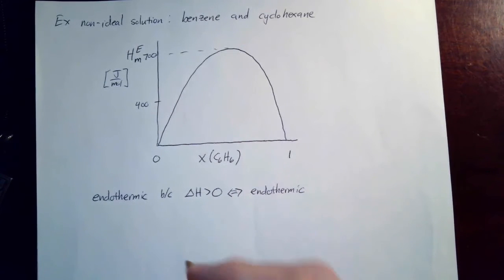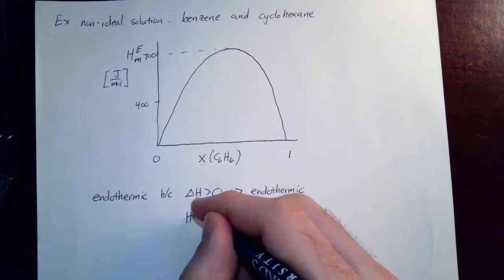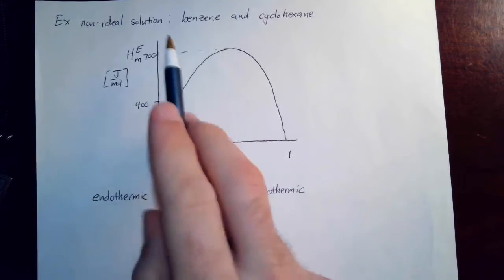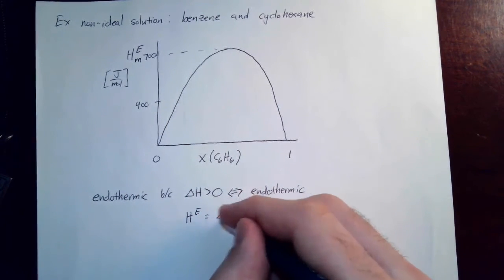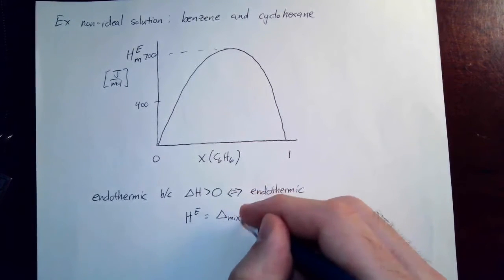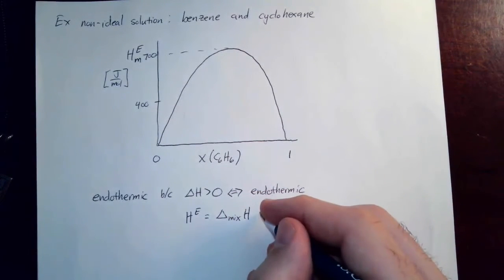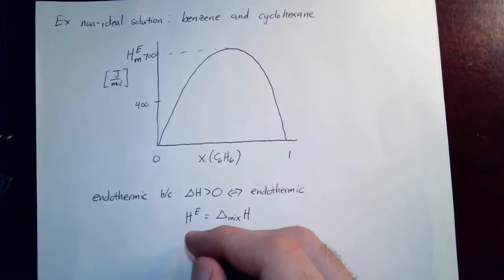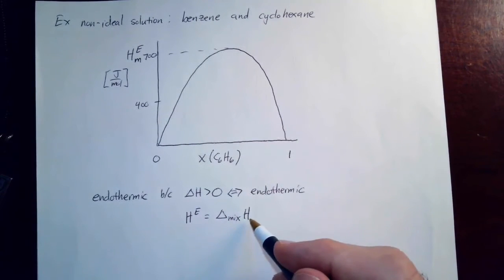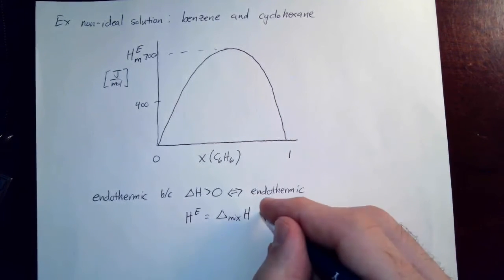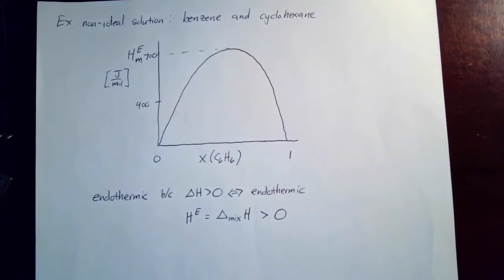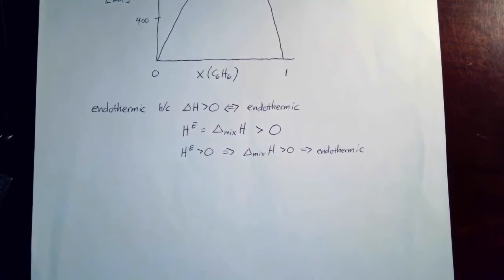And H^E, which is what we plotted on the vertical axis, is equal to delta H. So if H^E is greater than 0, then delta H is greater than 0, and therefore it's endothermic. We're going to come back to this solution in a minute with the benzene and cyclohexane.